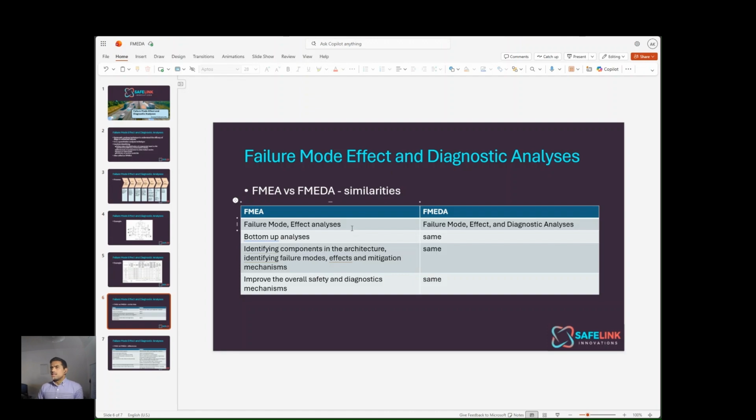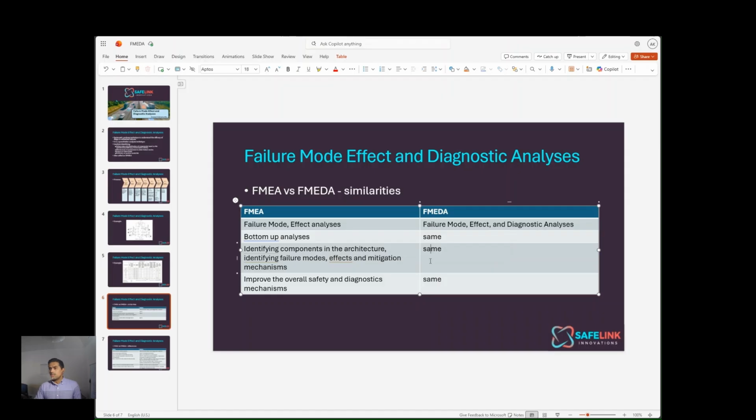Essentially, what this means is we start from the bottom given an architecture. So, in case of an FMEA, we're given an architecture, say a system architecture, a hardware architecture, a software architecture. We identify every component of this architecture, and for each of the components, we identify failure modes, what is the effect, and how do we mitigate the effects if it is considered undesirable.